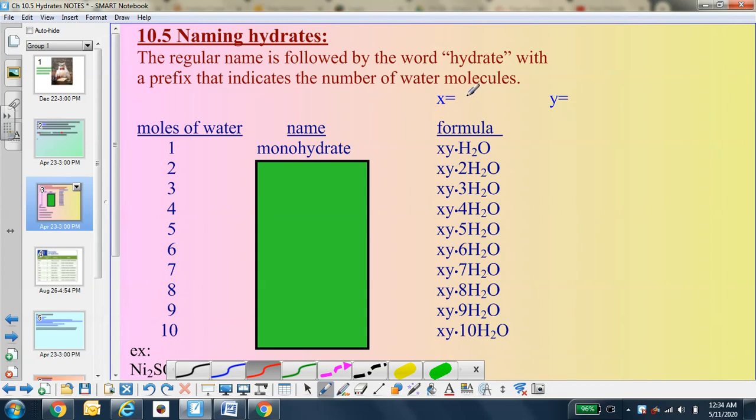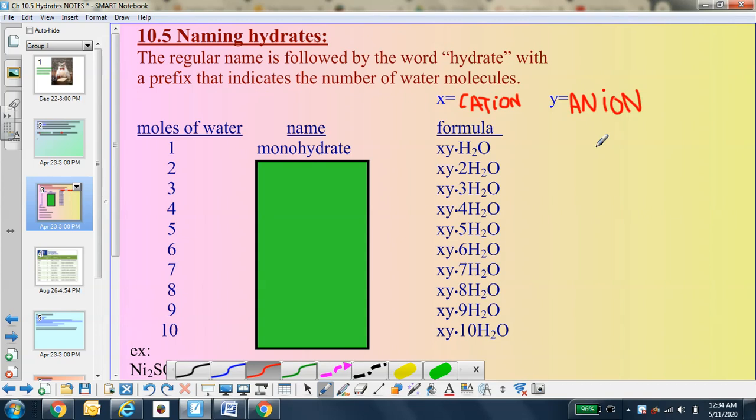The X is representative of our cation, and the cation is always written first. Our cation is typically a metal that has a charge. The Y is representative of our anion. Our anion is either going to be a non-metal with a negative charge, or one of those polyatomic ions that has a negative charge.